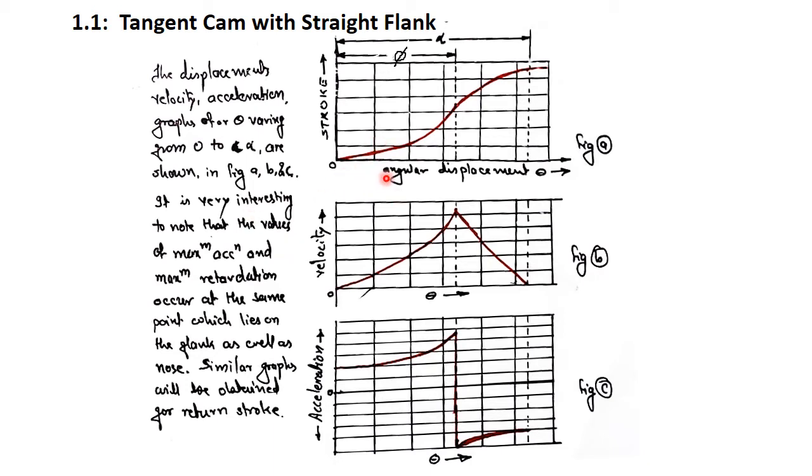So it is for the outstroke only. The graph shows the profile of displacement, velocity and acceleration when the cam turns to maximum angle alpha, and similar graphs can be obtained for the return stroke also.